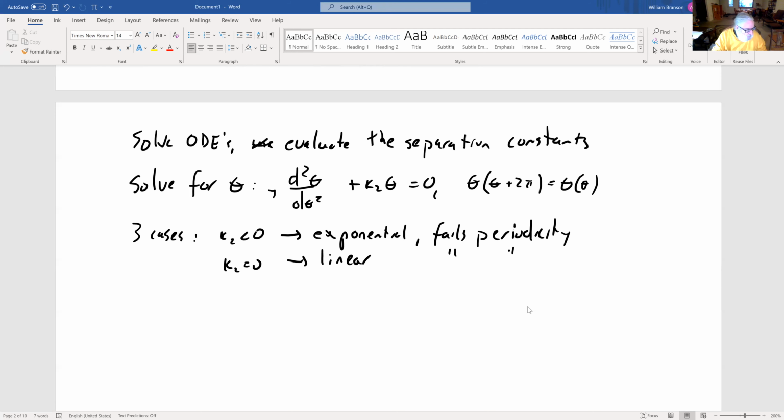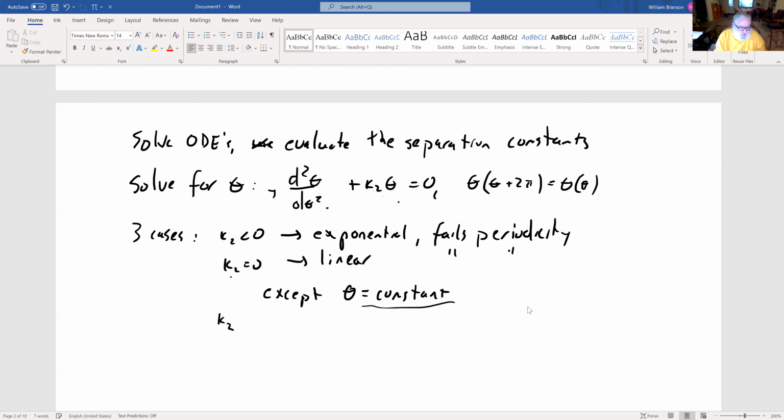So you get only trivial solutions there, except if K2 is equal to 0 and theta is equal to a constant, then that is a solution to this, right? Because the second derivative of a constant is 0. And constant functions are actually periodic with period whatever you want, because a constant function is a constant. So we get a constant function out of the K2 equals 0 case.